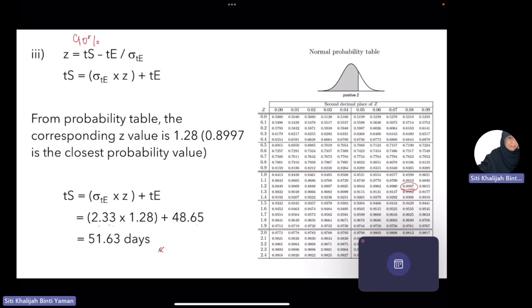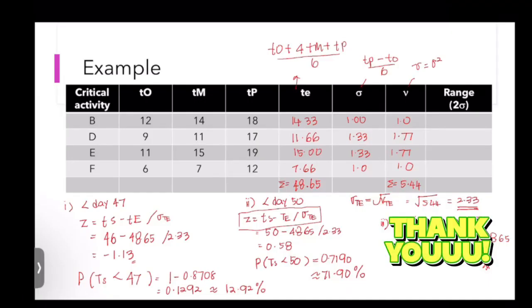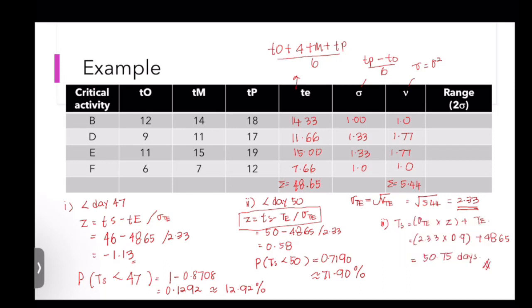So at 90% probability, the project could complete with 51.63 days. Okay, now we want to get the duration range using two standard deviations. So what is meant by two standard deviation, one standard deviation?